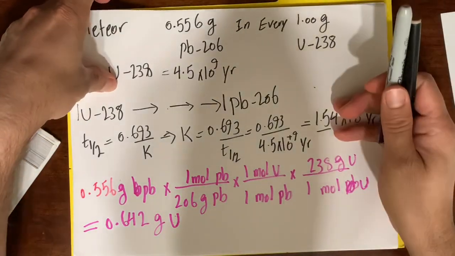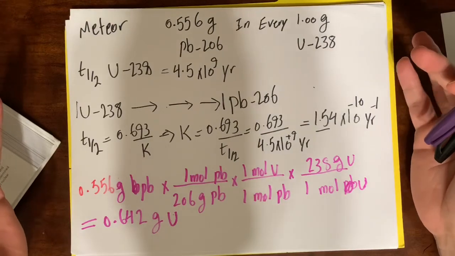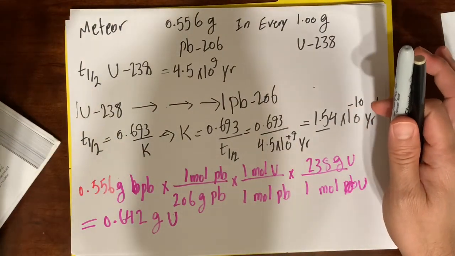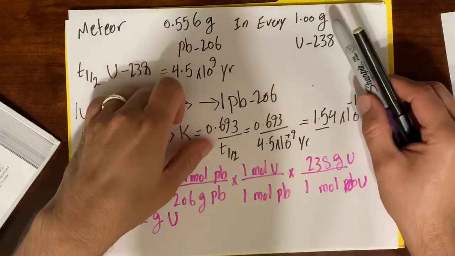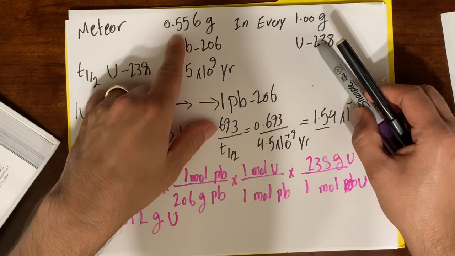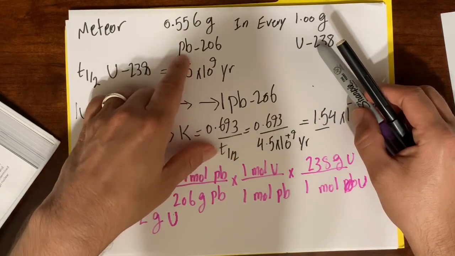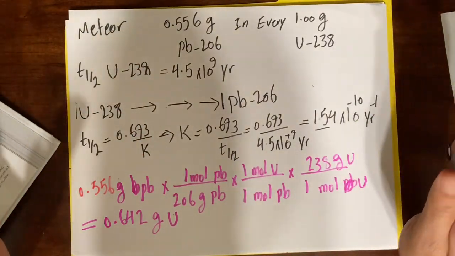Okay. And here I need some emphasis on this one. It says in 1 gram of uranium, we have 0.556 gram of lead after T time.